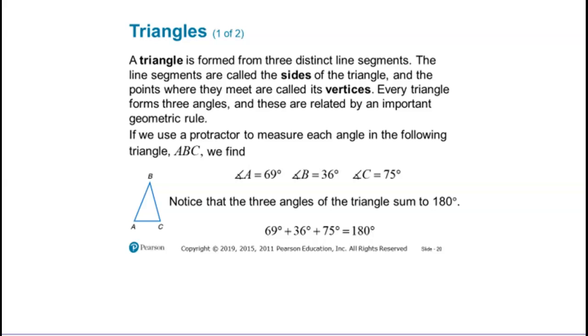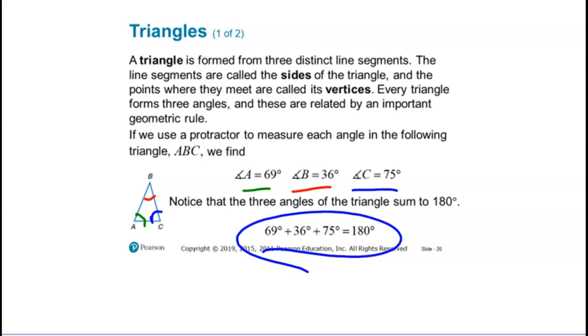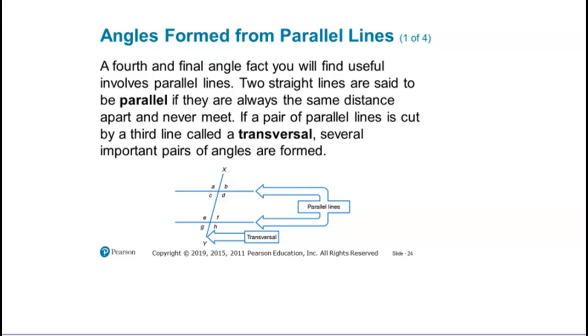And so when we look at the degrees inside, angle A is 69 degrees. Angle B is 36 degrees, and angle C is 75 degrees. And when we add all those up, we see that it adds up to 180 degrees inside the triangle.